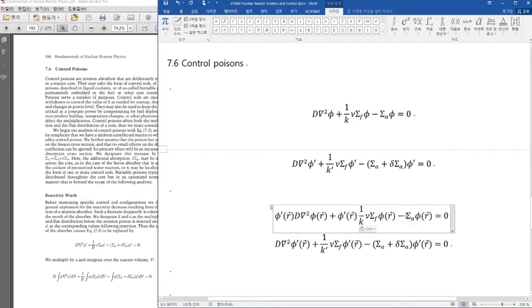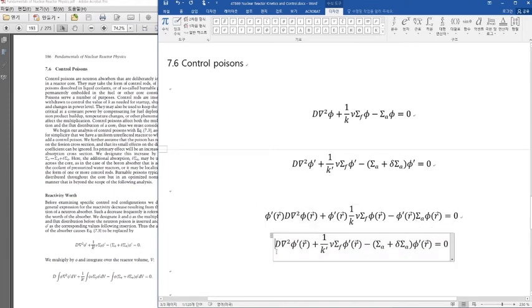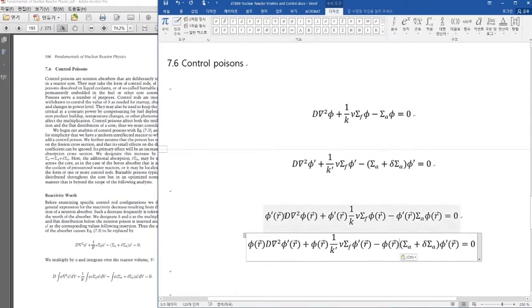And in the second equation, we multiply phi to each term. And then these are the equations for a very small, tiny volume dV.